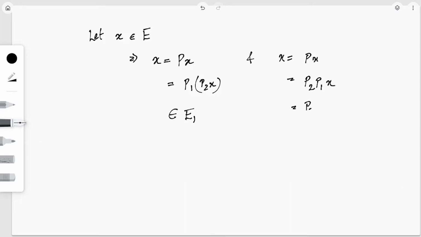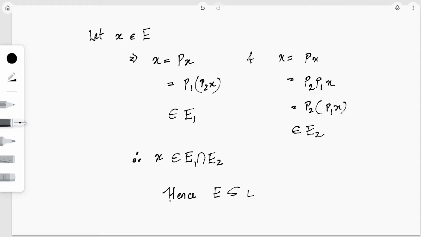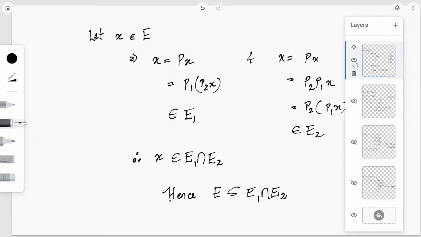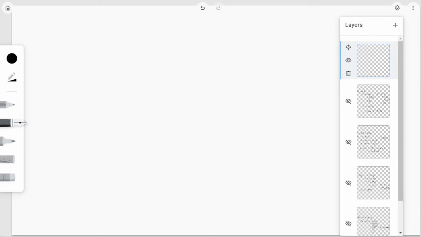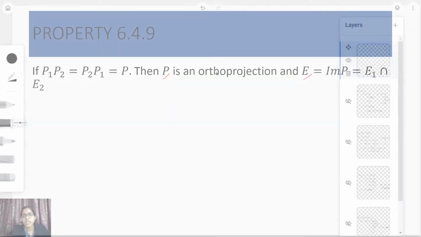So this is P2 of P1 of x, so this is an element of E2. Therefore x is an element of E1 as well as E2, so x will be an element of E1 intersection E2. Hence E is contained in E1 intersection E2. So with the help of both these inclusions, we can prove that E is the same as E1 intersection E2.